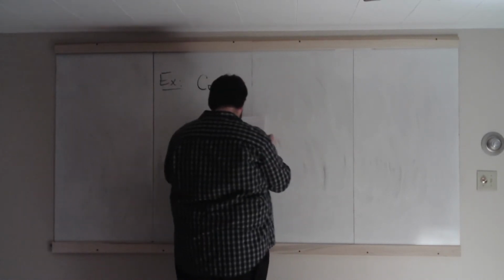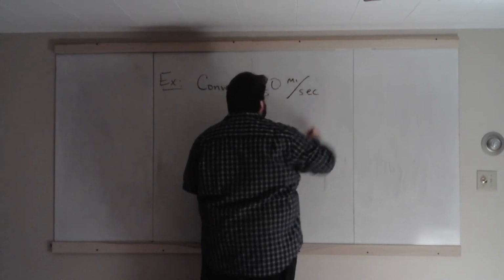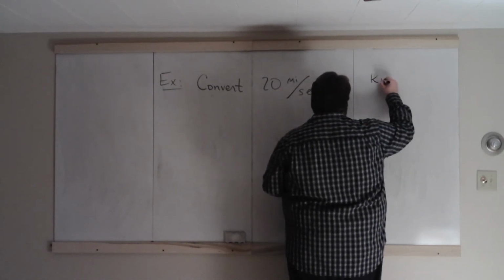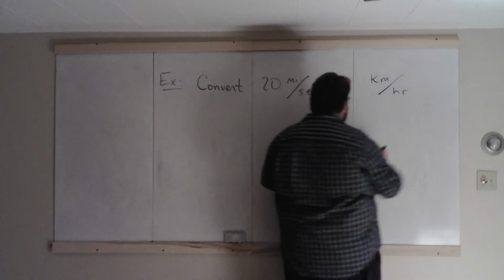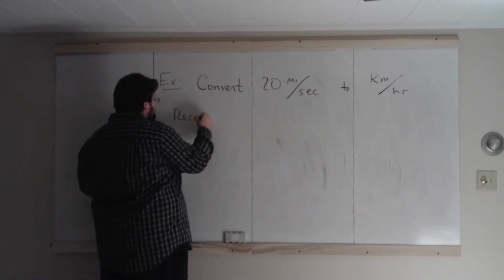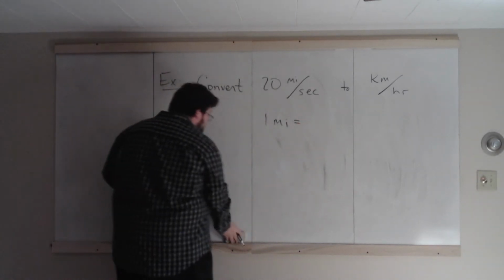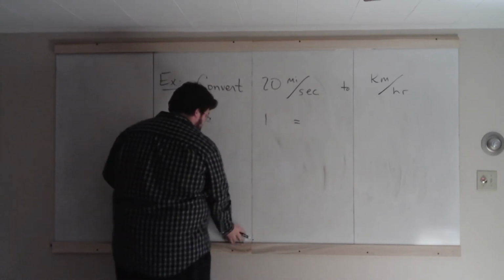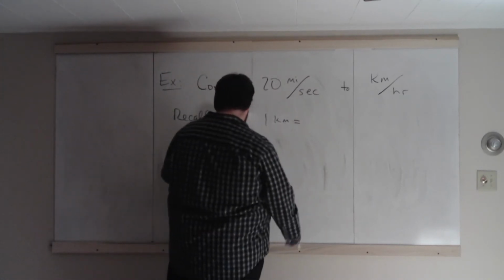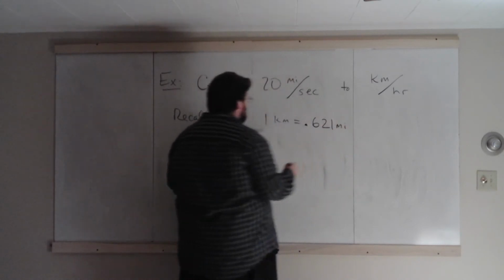Convert 20 miles per second to kilometers per hour, and we will recall miles to kilometers. What is it? 1 mile equals, no, it's 1 kilometer equals 0.621 miles.